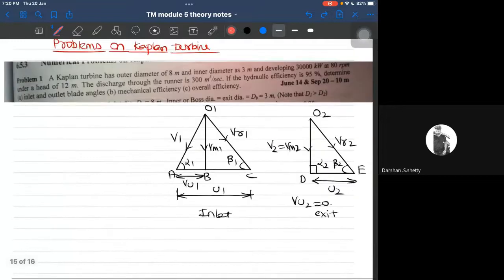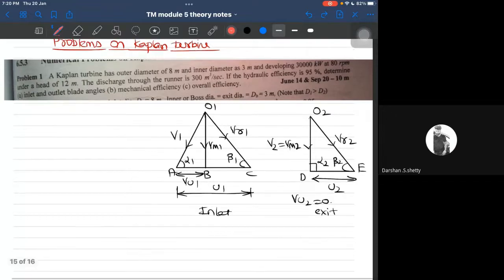Okay, next we will move on to the problems on Kaplan turbine. So the wonderful thing about module number 4 is that the Francis and the Kaplan turbine both have the same velocity triangles. Absolutely no change here and there, depending upon the value of VM1. This should be changing. Okay, for example, the velocity triangle might come like this.